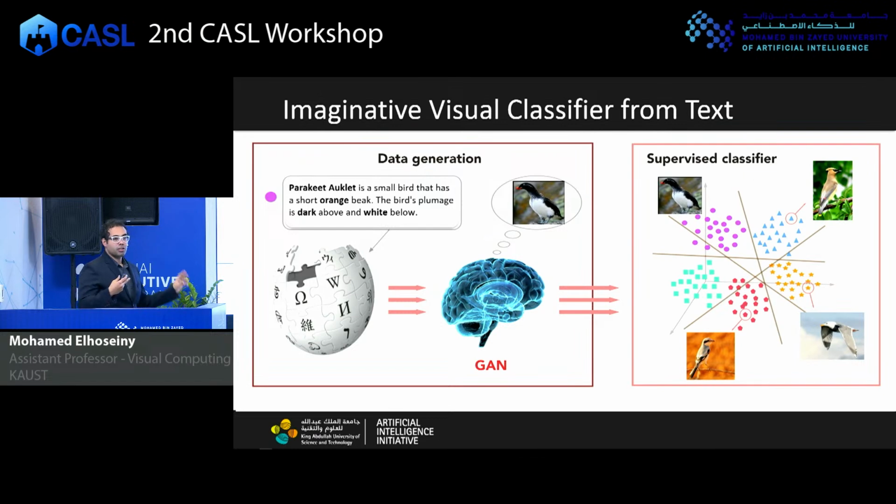If we have such a generator behaving as we wish, it shall produce some visual representation that is grounded and matches the exact description that we provided, and hopefully in a way that can separate it from other unseen classes and seen classes as well. The trick is how to actually build this kind of generator so that it works the right way.